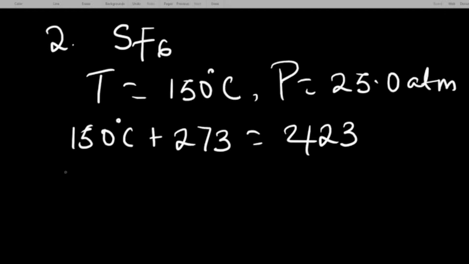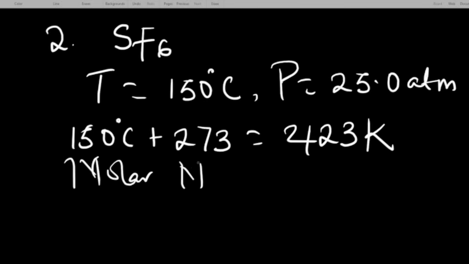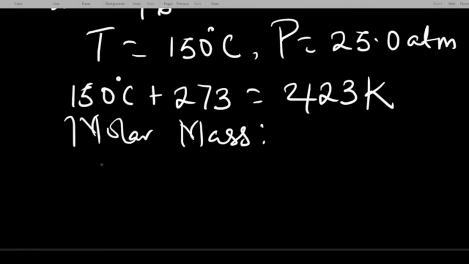So for the molar mass, the first one is sulfur. On the periodic table, the atomic mass unit for sulfur is 32.06.